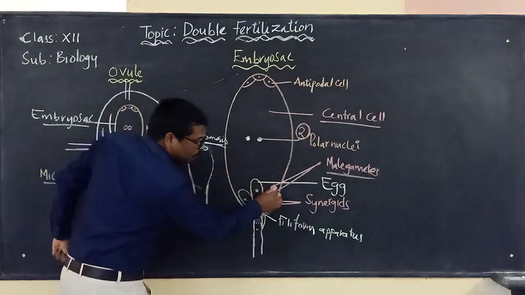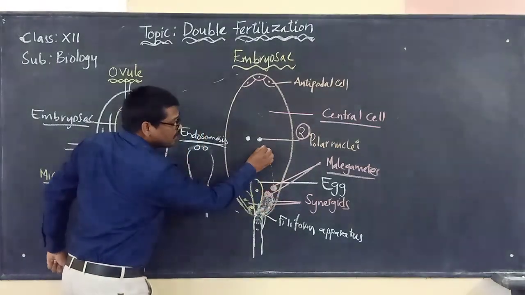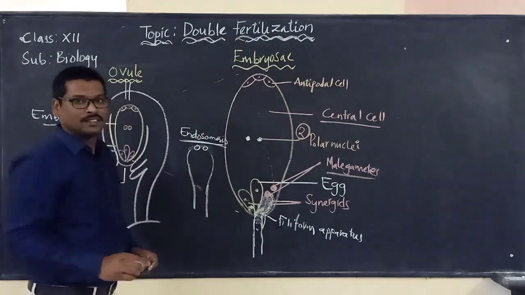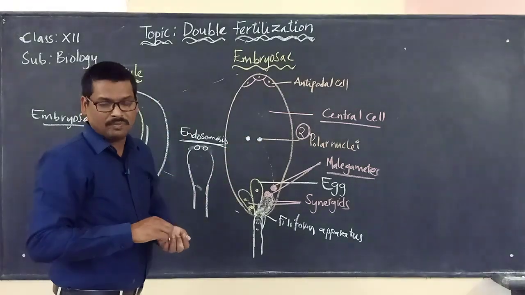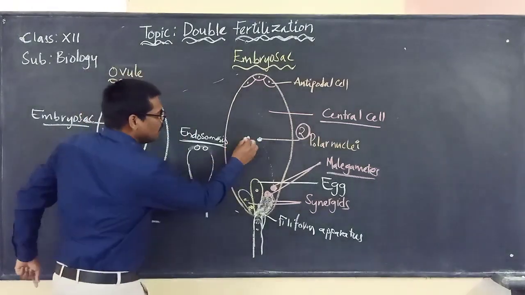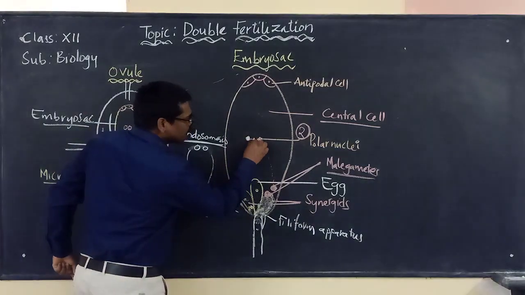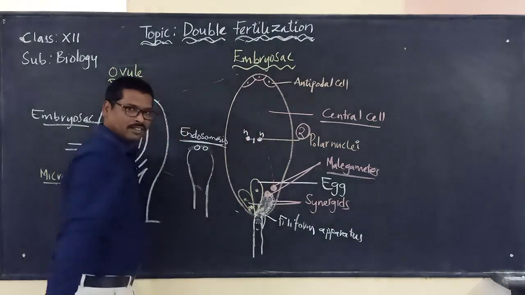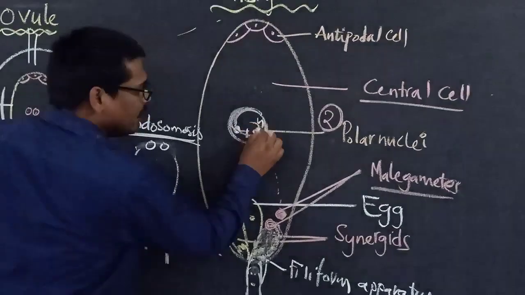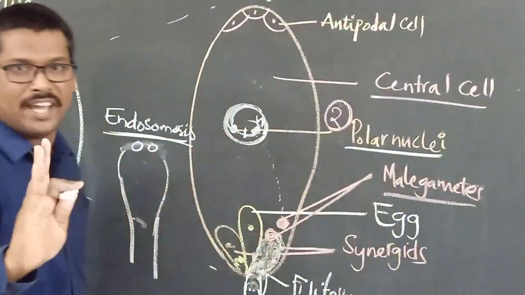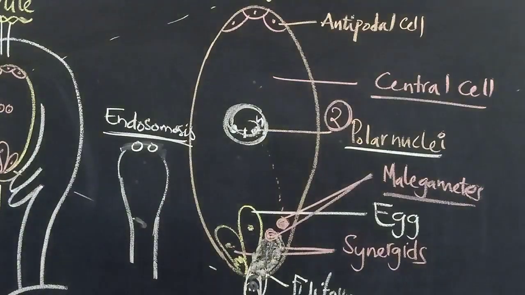As one of the male gametes starts moving towards the two polar nuclei, the two polar nuclei fuse together. When these two fuse together, it is no more called polar nuclei.